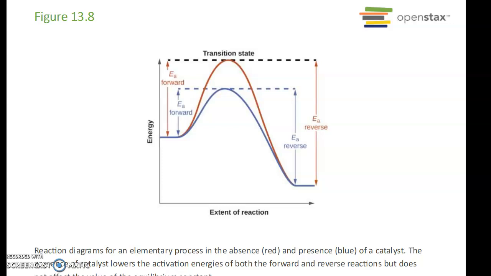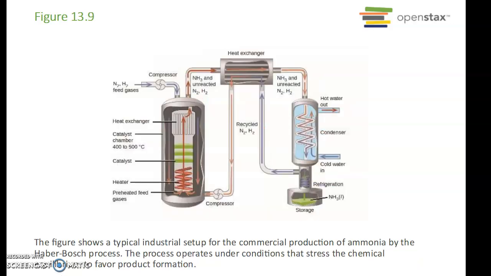What happens with a catalyst is you're essentially bringing that hump down lower so that the forward and reverse reactions are less. So you can see from this that the E forward and the E reverse are shifted downwards, but there still is an activation energy reverse and an activation energy forward, and so there is still a hump that needs to be overcome.